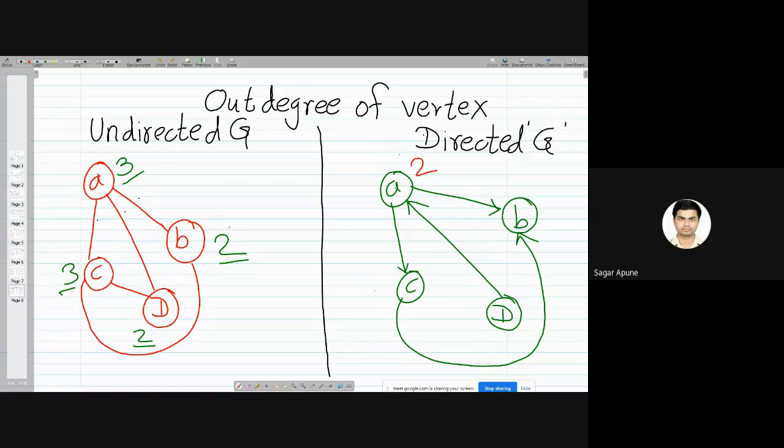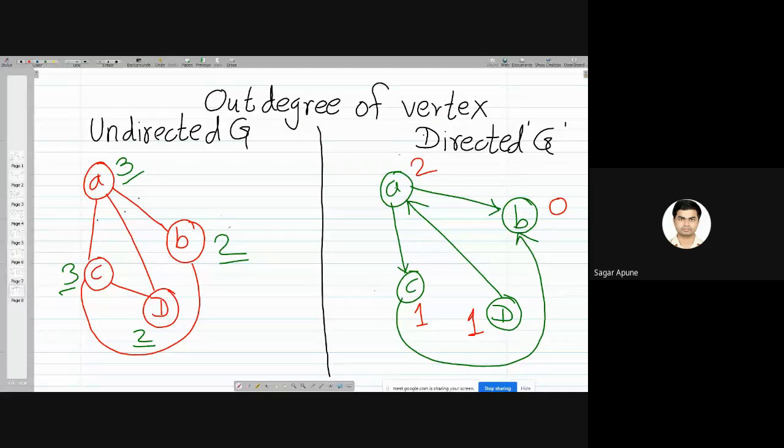So what about B? There is no out degree, so it is 0, right? What about D? Out degree is 1. What about C? Out degree is 1, because there is a C to B edge and a D to A direction. So D has 1 and C has 1 out degree.